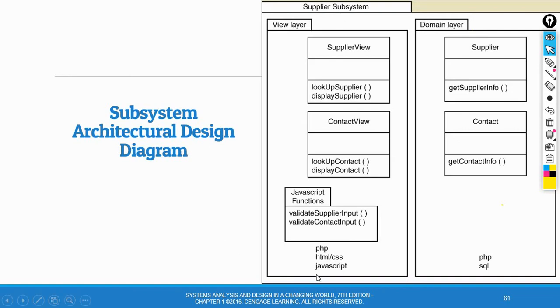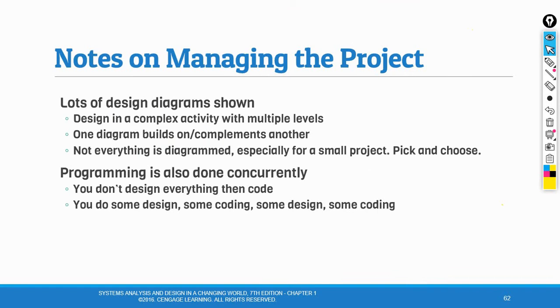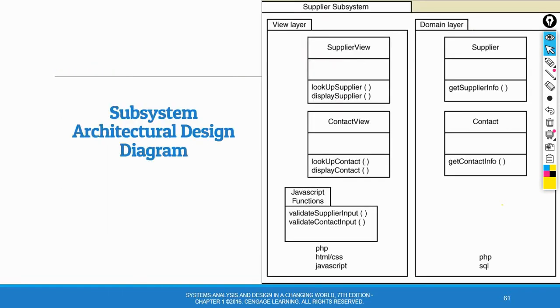Notice that this subsystem is further divided into layers, which are the view layer and a domain layer. One of the advantages of partitioning the system into layers is that it is much easier to build and maintain with this kind of structure, given its modular format.